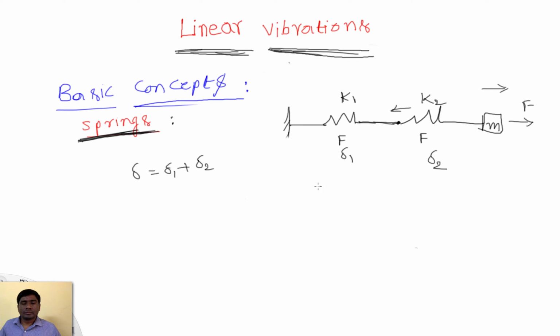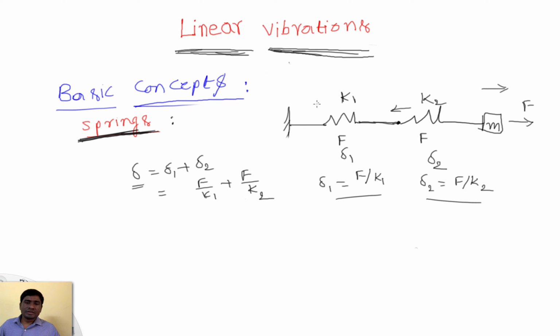And here delta 1 equals F by k1, because force equals k into delta 1, and delta 2 equals F by k2. So if you substitute these two in this equation, delta equals F by k1 plus F by k2.